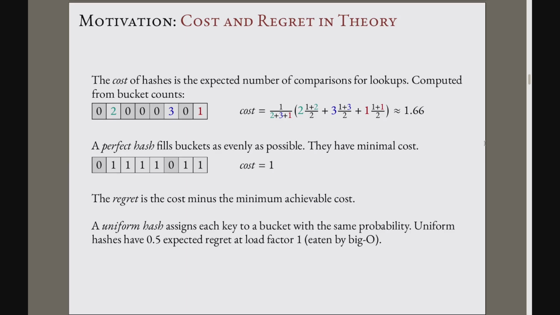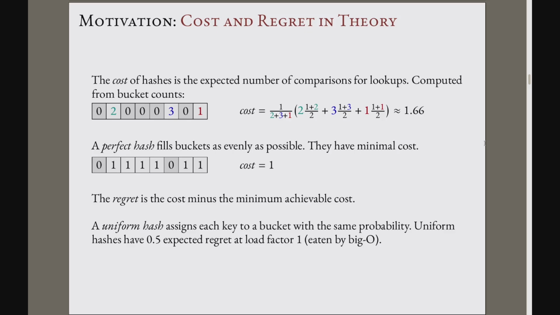Now, in practice, most hash functions strive to be indistinguishable from a uniform hash given to us by theory. And a uniform hash is basically a function that assigns keys pretty much randomly with uniform probability to buckets. Now, theory has nice things to say about asymptotic behavior with such hash functions, but for this discussion, what matters is that uniform hash functions still have an expected non-zero regret, which is 0.5 at load factor 1.